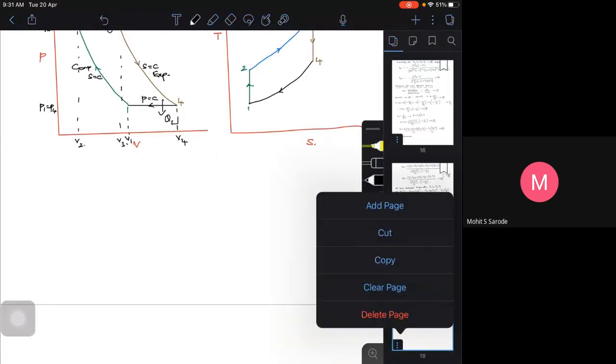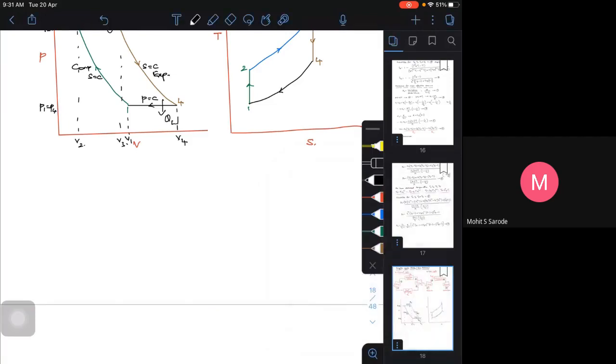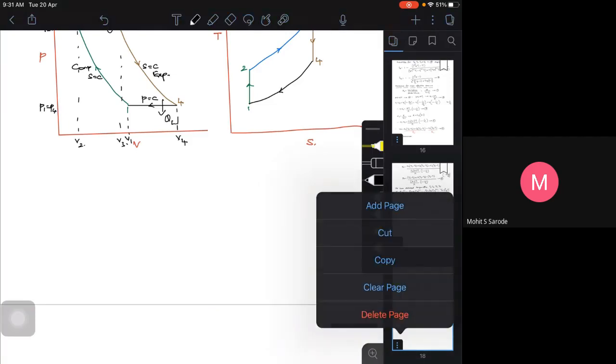Expression for thermal efficiency of a Brayton cycle.